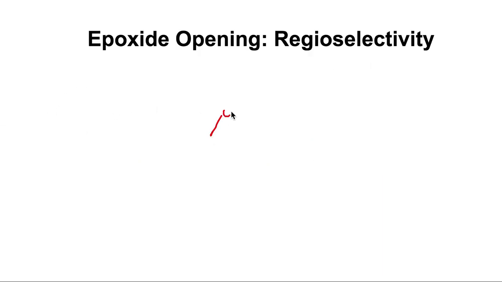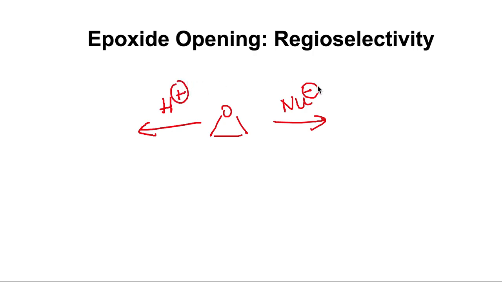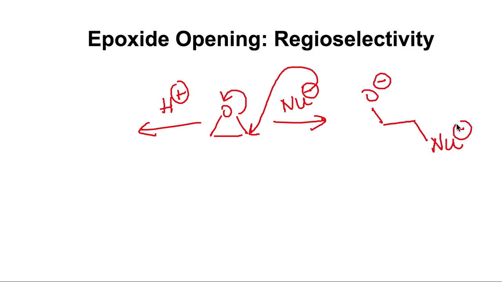An epoxide that looks like this one can be opened under two conditions. We could open it with a nucleophile, or we can open it under acidic conditions. When a nucleophile attacks, it will simply attack one of the carbons and then open up, and what will form is this molecule right here.